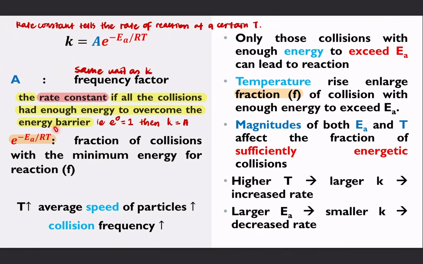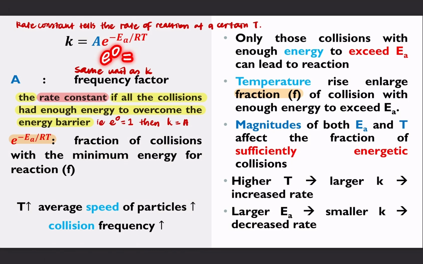Why? Because this exponential factor is the fraction of collisions with the minimum energy for reaction. So if all the collisions had enough energy to overcome the energy barrier, meaning all your collisions are effective, therefore your exponent will be to the power of 0.